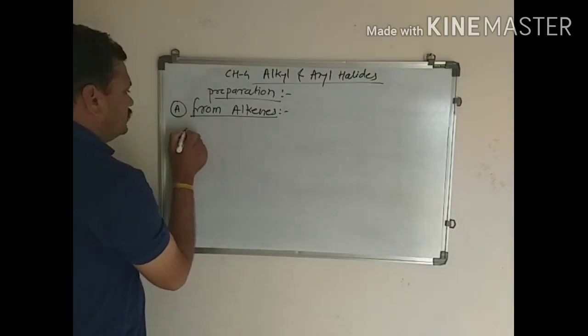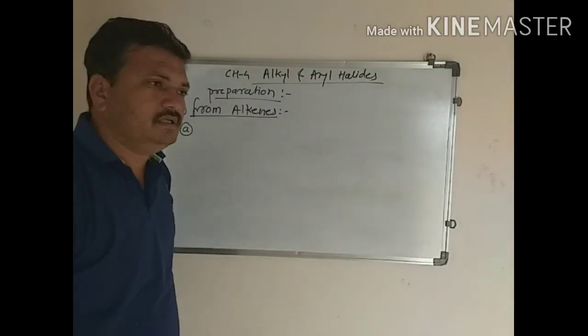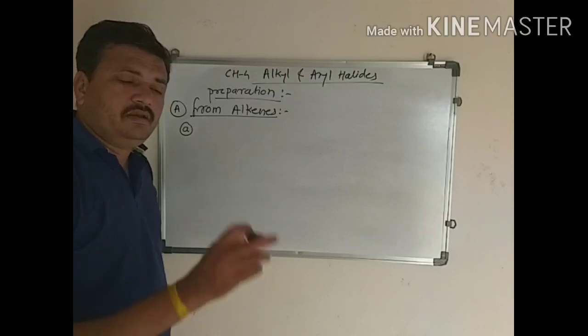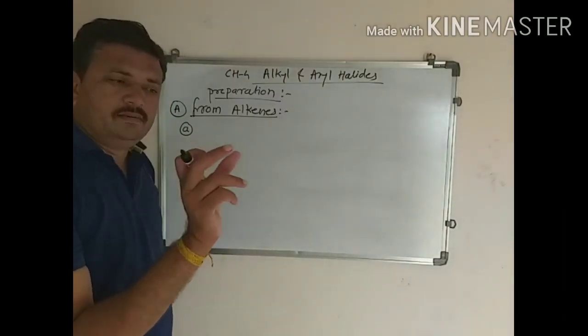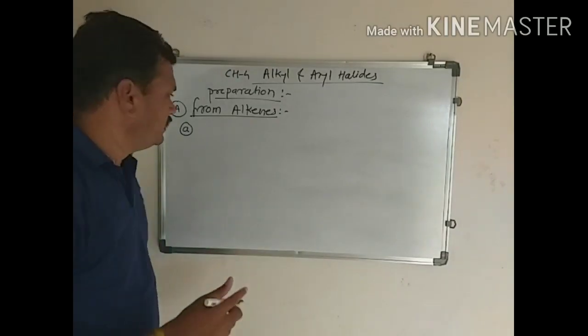Then here again there are 2 types of alkenes, symmetrical alkenes and unsymmetrical alkenes. Symmetrical alkenes are the alkenes in which at both sides of the double bond the same atoms are present, then it is known as symmetrical alkene.